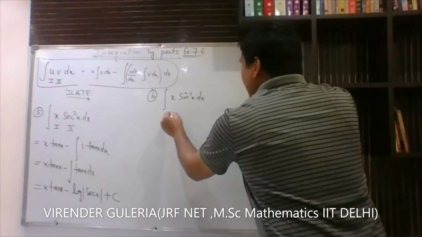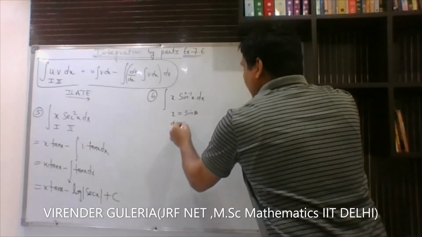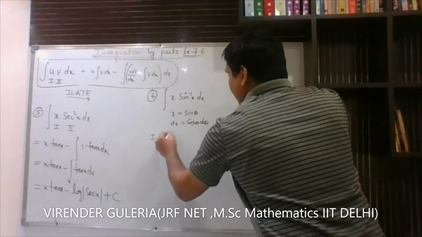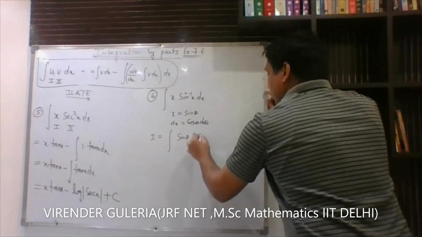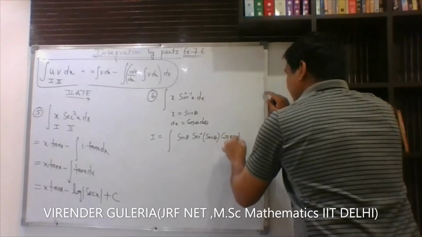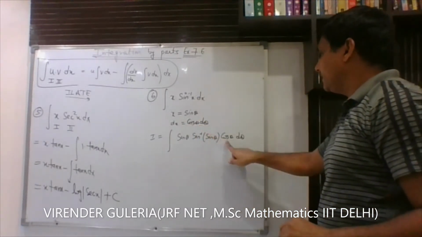When you apply substitution, we will take x as sine theta, so dx will become cos theta d theta. So this can be written as sine theta, sine inverse sine theta, cos theta d theta. In place of dx, I have written cos theta d theta.